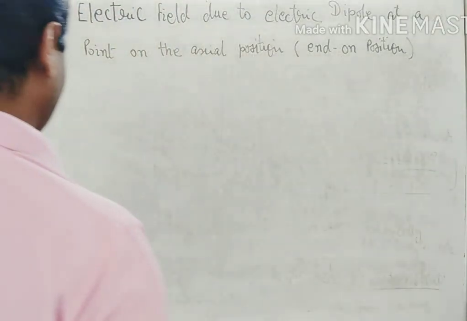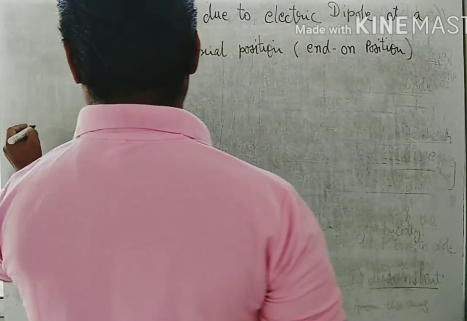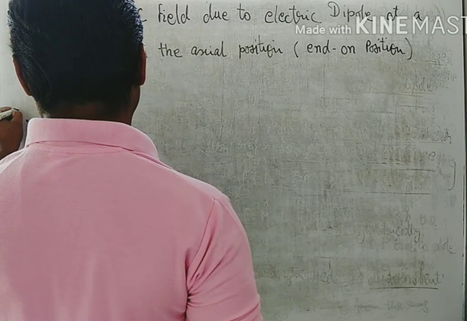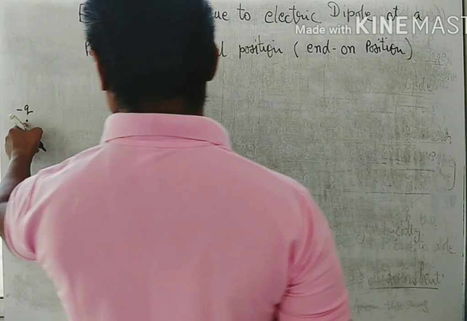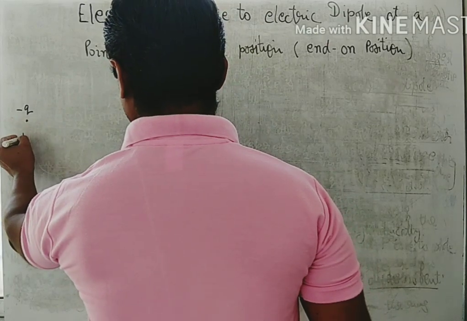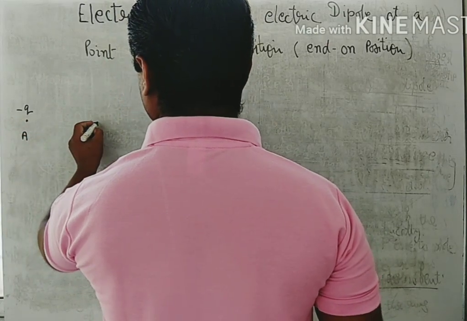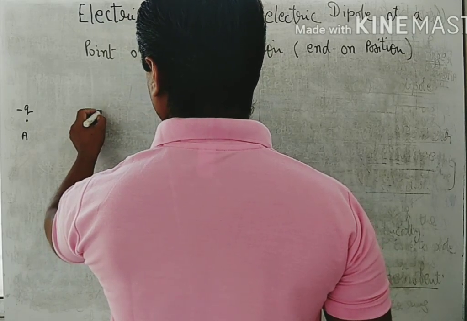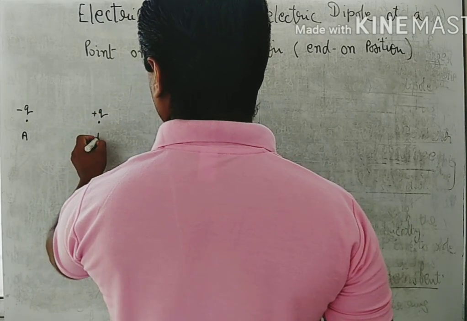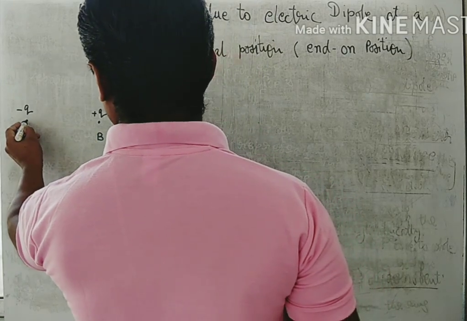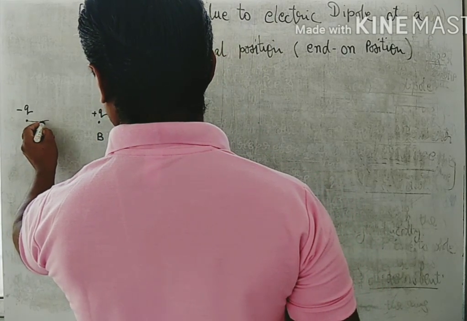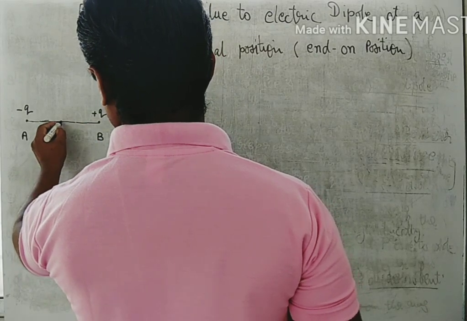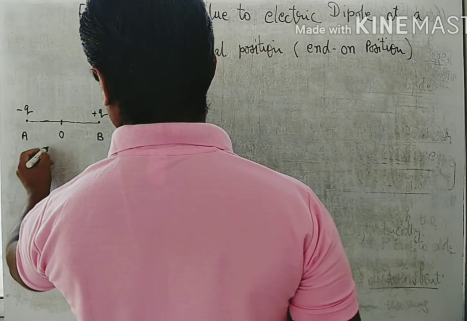Okay, to begin with, let me just draw the diagram first so that we can have a brief idea of the proceeding. Suppose this is negative charge which we are taking at point A, and here we have similar opposite charge plus Q at point B. Now these two are forming the dipole with separation 2A, and suppose this is the midpoint of them.